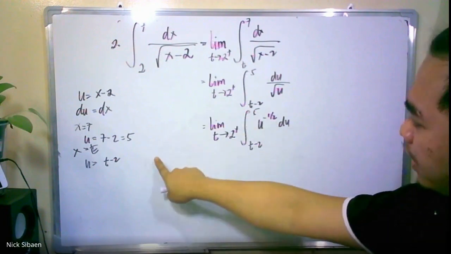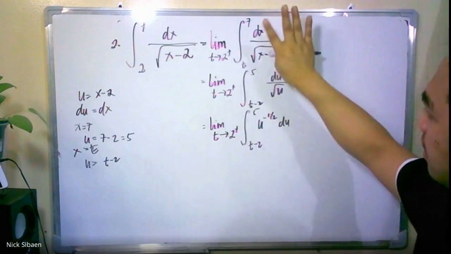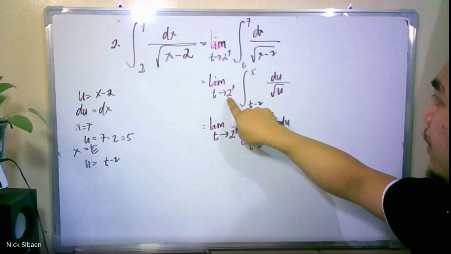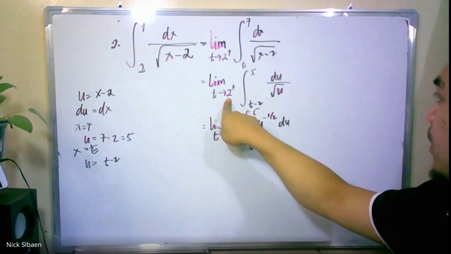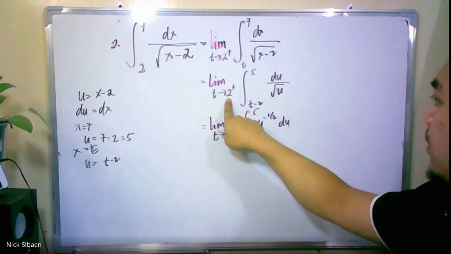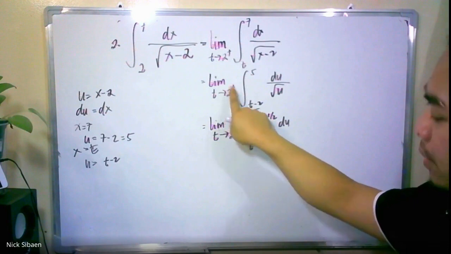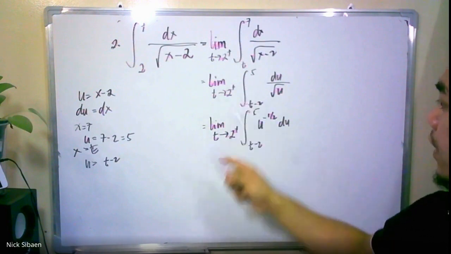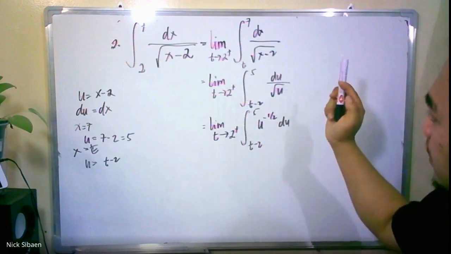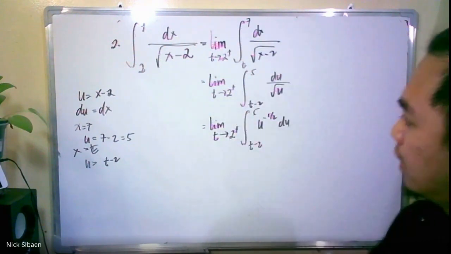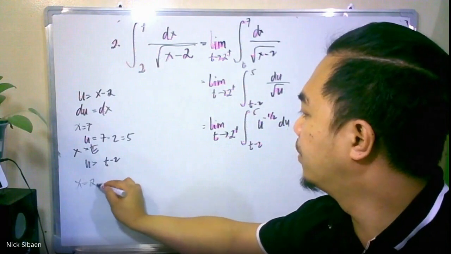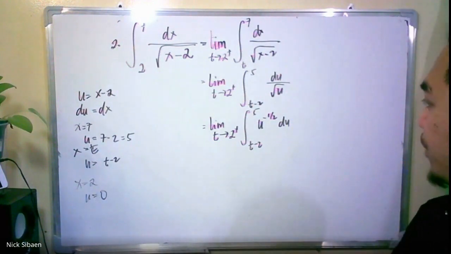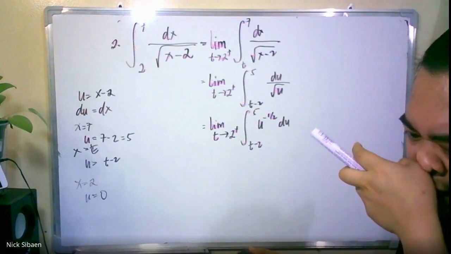Ang sinubstitute lang natin pala ay dito lang. Dapat mag-move din ito. Maging 0. If x is equal to 2, then u is equal to 0. Mag-move din dapat siya. So mali yung ginawa yata natin kanina.